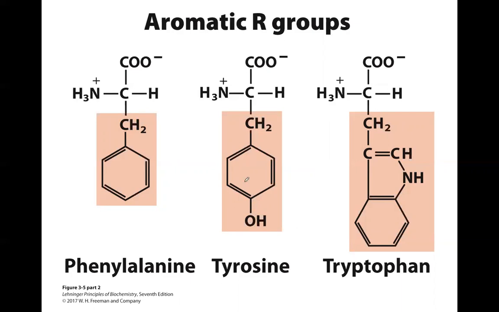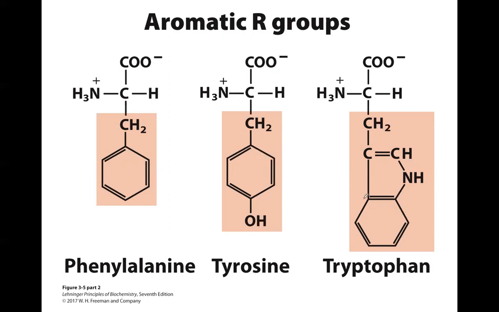So for example, proteins which want some hydrophobic interactions will incorporate a lot of phenylalanine in them because benzene rings are very hydrophobic. But if you want to preserve some hydrogen bonding capability, then instead of phenylalanine, you will incorporate tyrosine, right? So the proteins will use these judiciously.